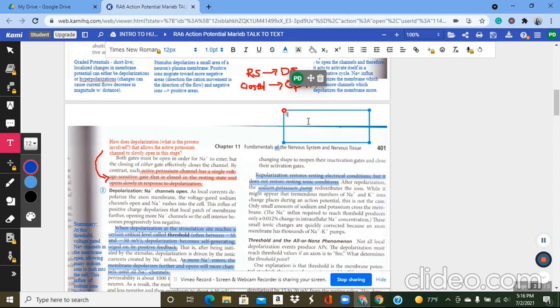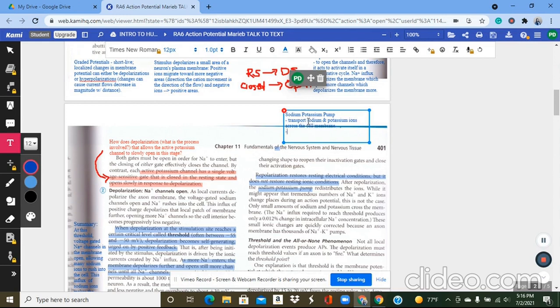So basically, the sodium potassium pump is used to transport sodium and potassium ions across the cell membrane.